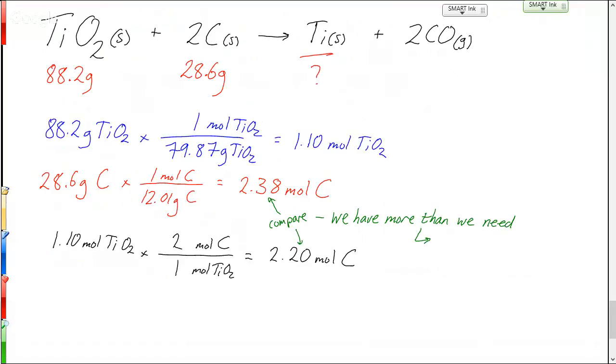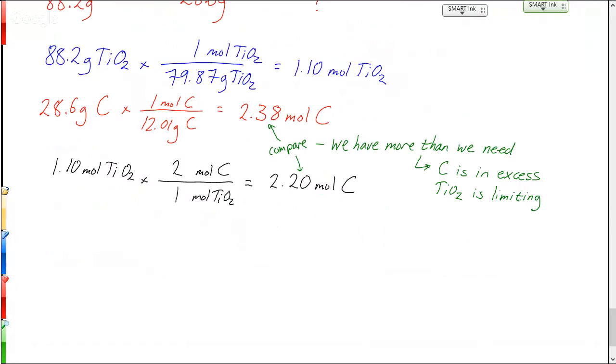And so that tells us that carbon is in excess and TiO2 is limiting. That means we're going to use the TiO2 for the rest of the calculation.